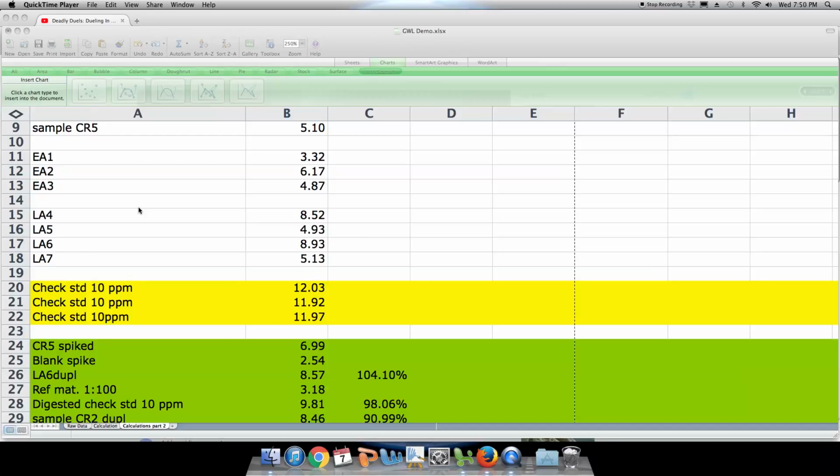Since we add 8 milliliters of digestion solution to everything, when the calculation is over, we would then have to subtract 8 milliliters of digestion solution.